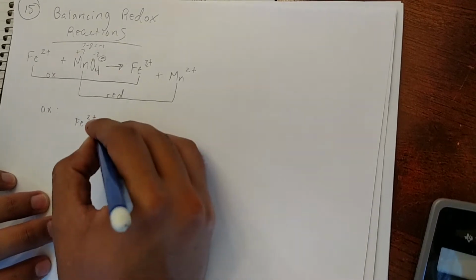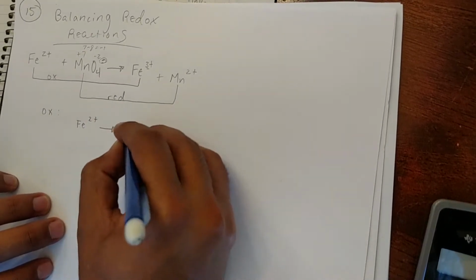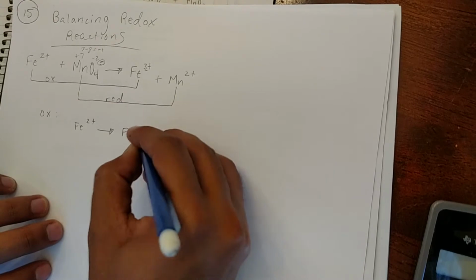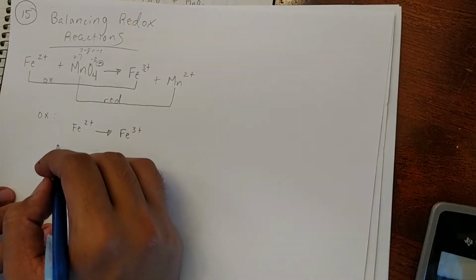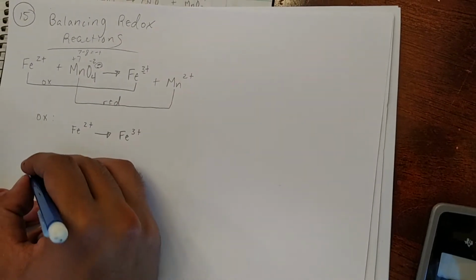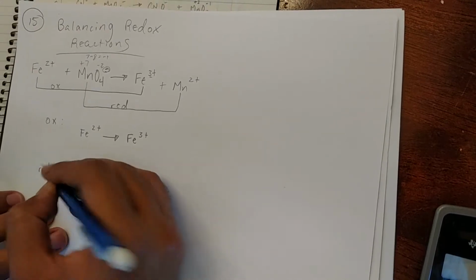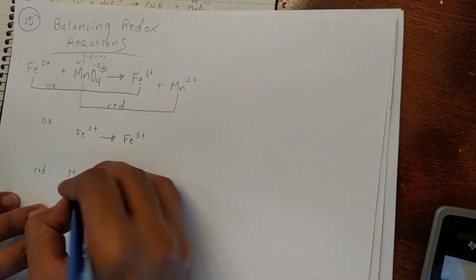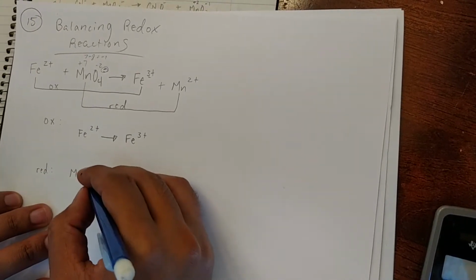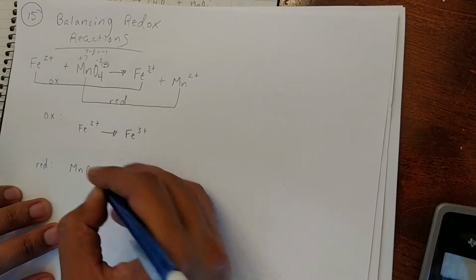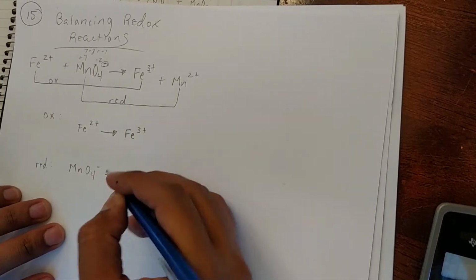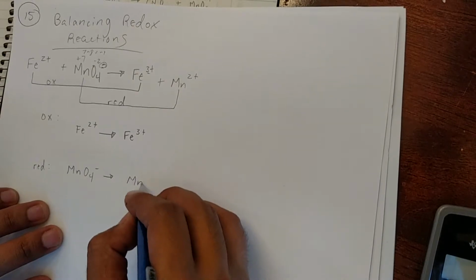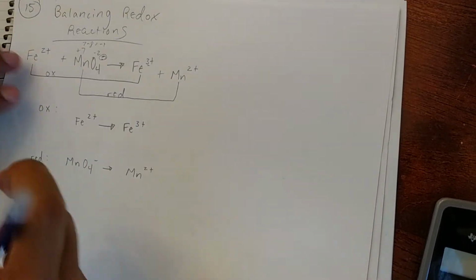Fe2+ yields Fe3+, and our reduction reaction is MnO4- yields Mn2+.